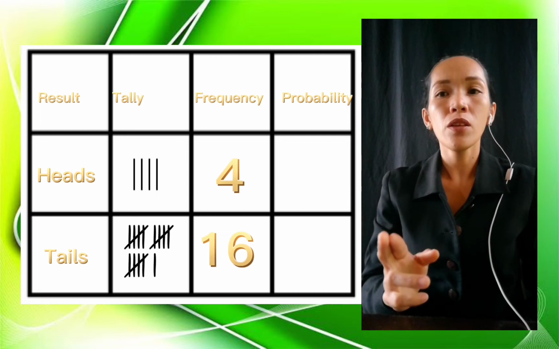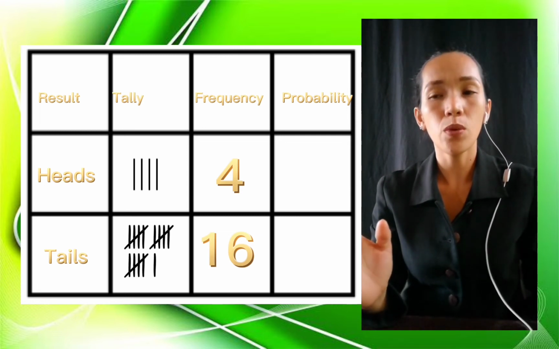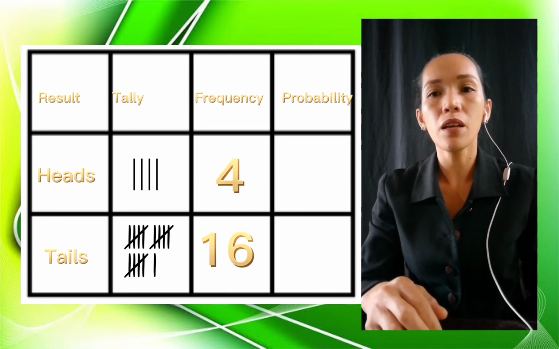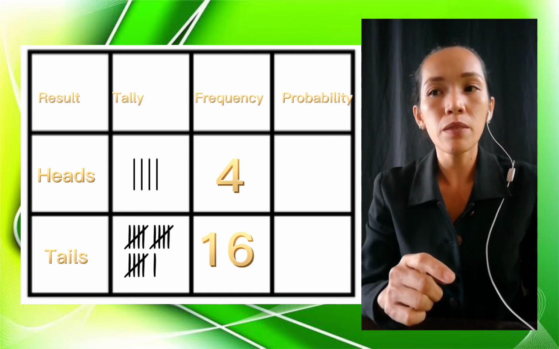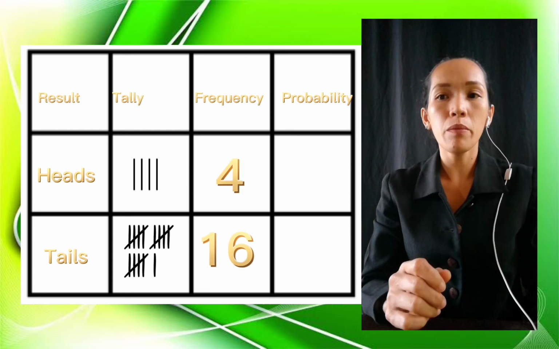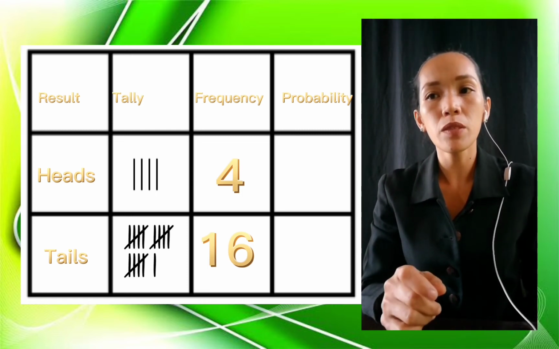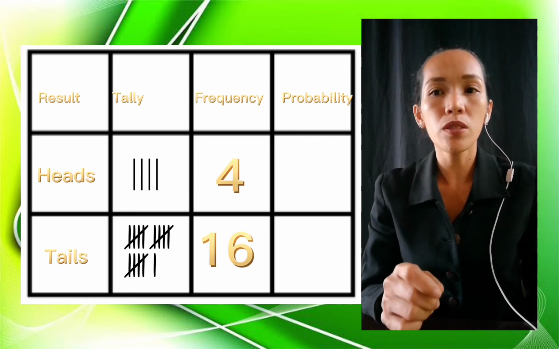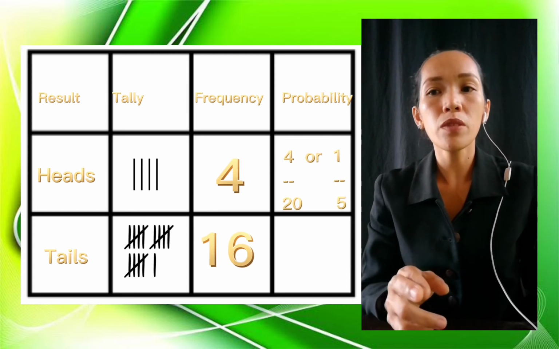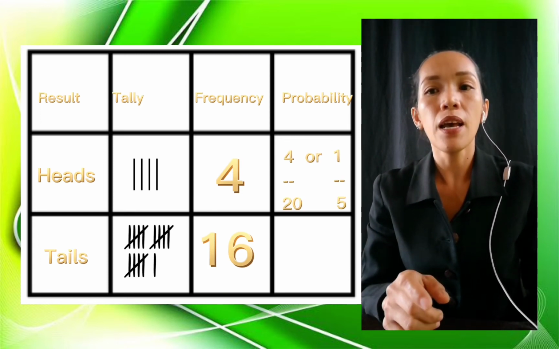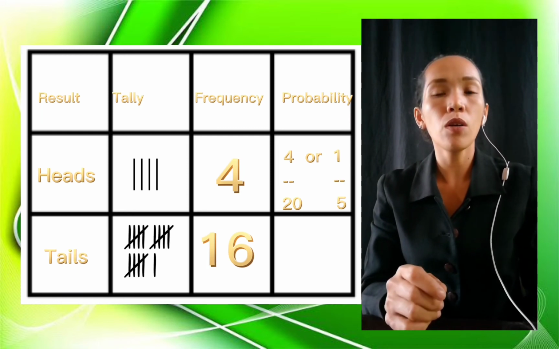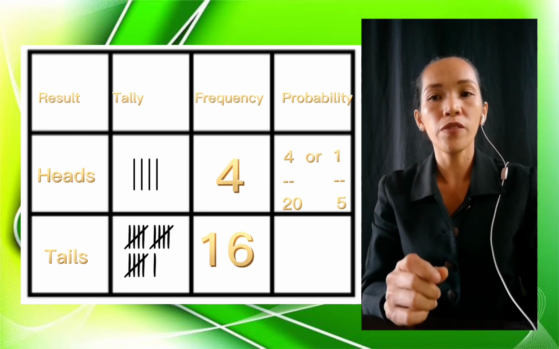Ano naman yung over, teacher? Okay. Paano naman natin gagawin iyon? Kung ilang beses mong ginawa ang experiment mula sa 20 times pag-toss ng coin, 4 times lumabas ang head, dahil ang experimental probability ay number of occurrences over total number of trials.